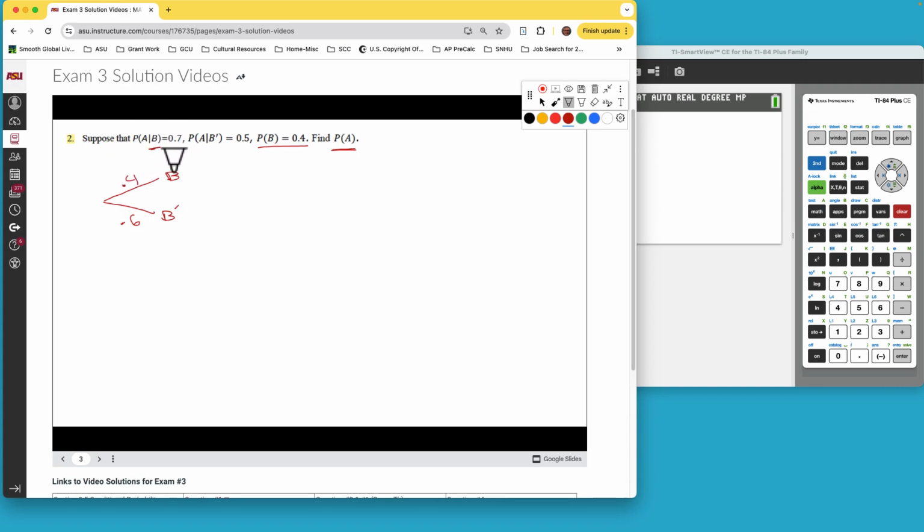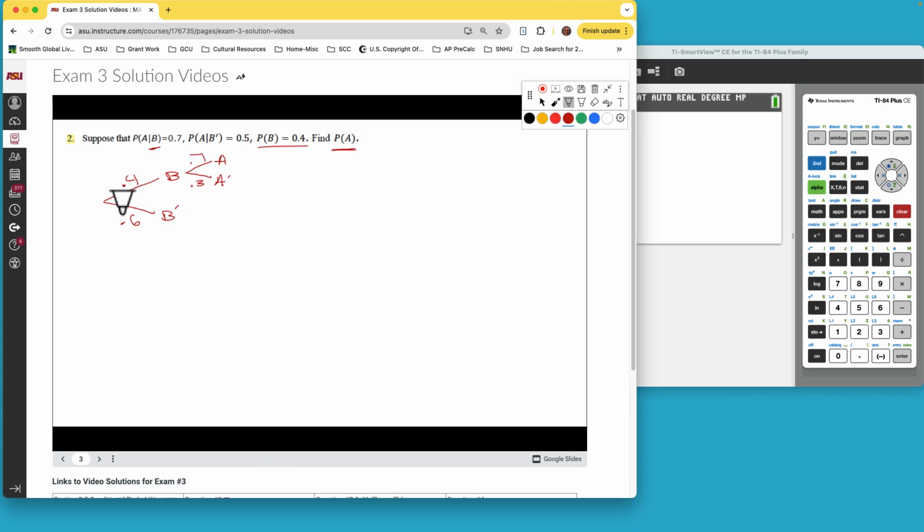If B happens, the next thing is either A happens or A doesn't happen. Given B happens, the probability of A happening is 0.7, 70%. The probability of A not happening is 0.3.